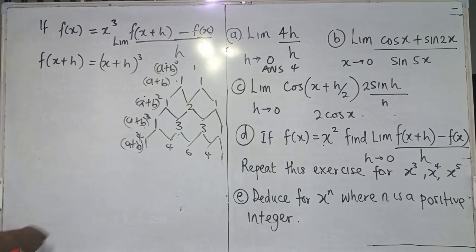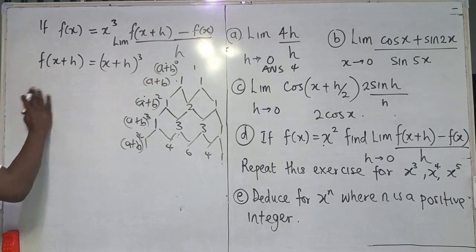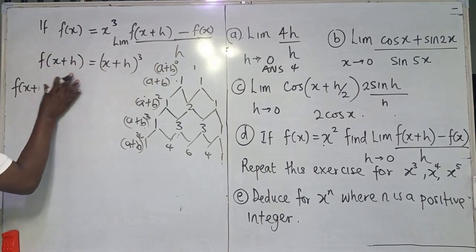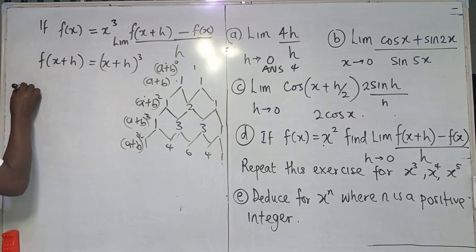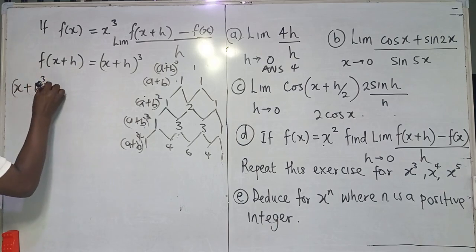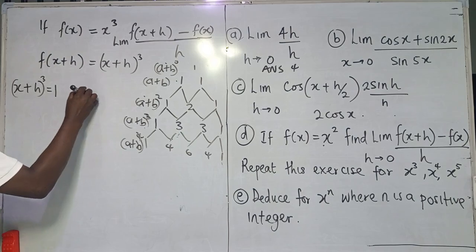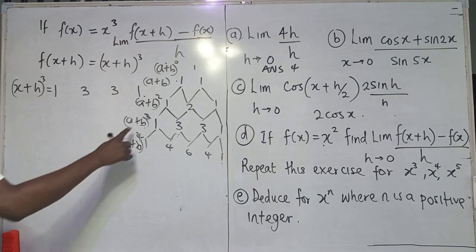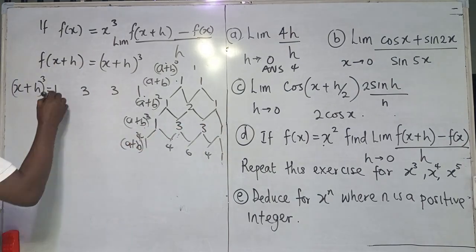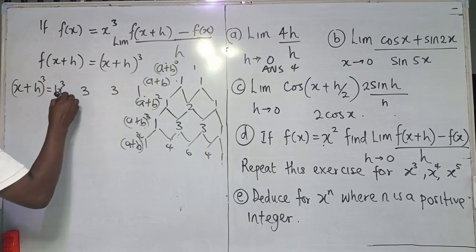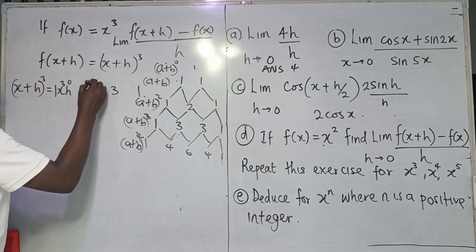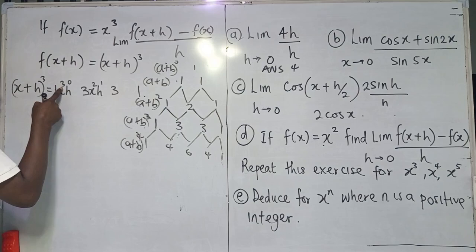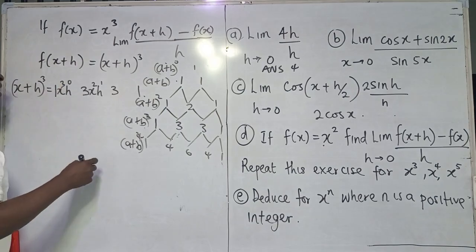So let's use this one. We are going to have f of x plus h, or let me say x plus h all cubed, become 1 3 3 1. So this one will be x cubed h to the 0, x squared h to the 1. That means the power of x will be reducing by 1, while the power of h will be increasing by 1.